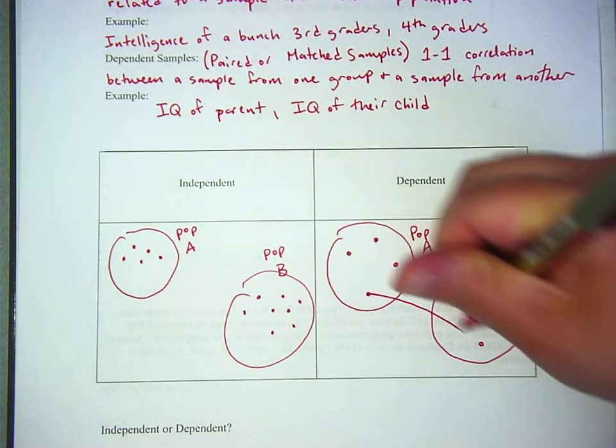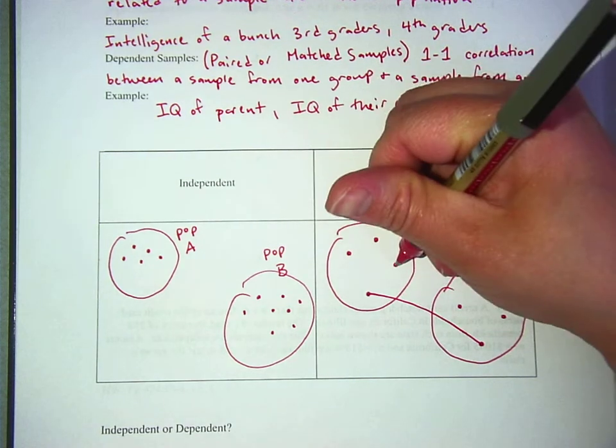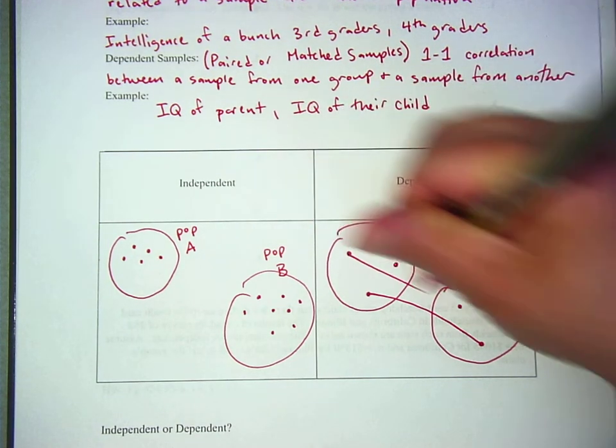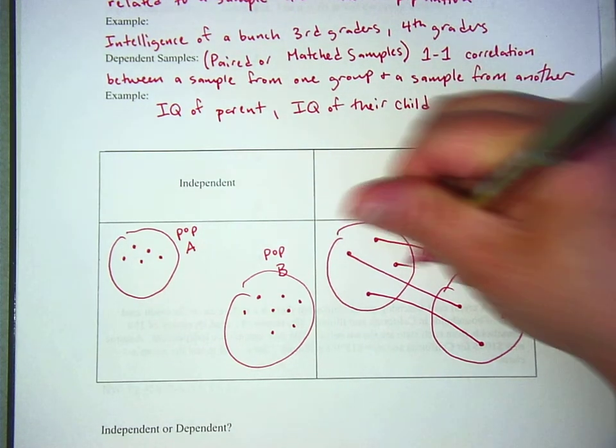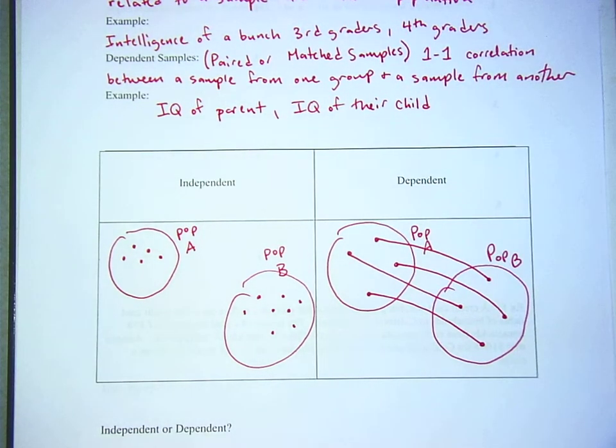And they have to be paired, so like this one is together with that one, and so on. If they're independent, they can have the same number of people in their sample or not, but dependent has to have the exact same.